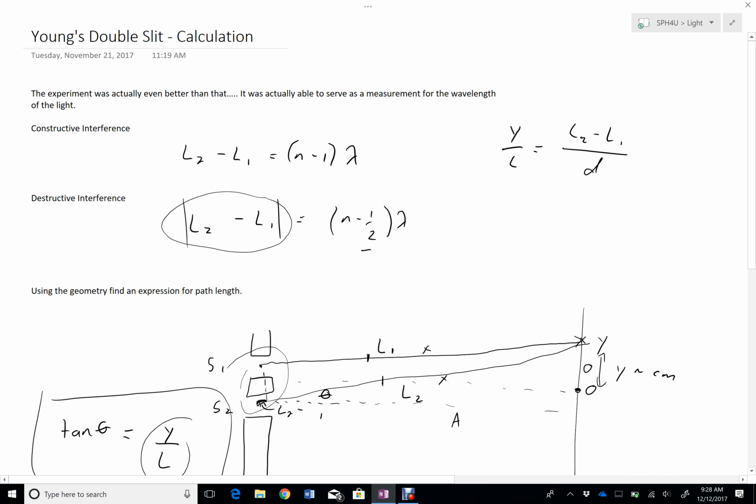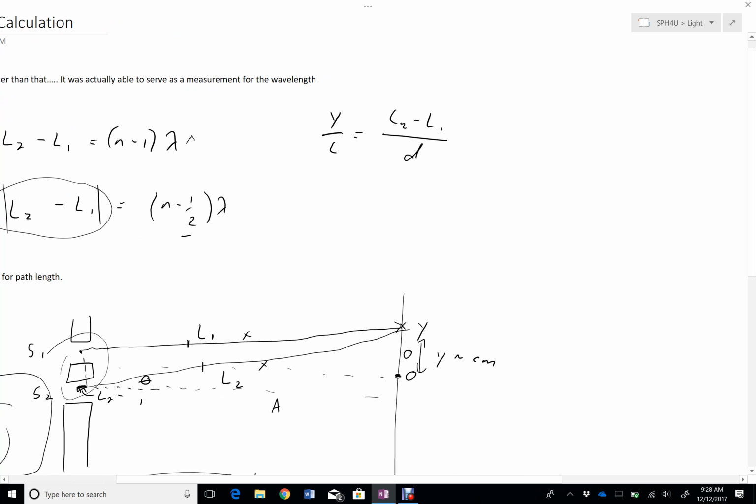Then I'm going to substitute L2 minus L1 with n minus 1 lambda. So that's equal to that. And so that formula would predict the location of bright spots.